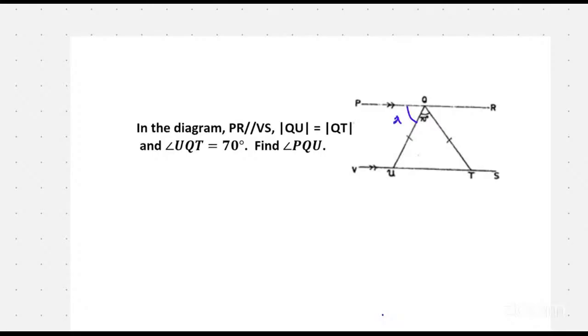If that is A degrees, and from the question, we've been told that this line is equal to this line, that means triangle QUT is an isosceles triangle, where these angles here will serve as the base angles of the isosceles triangle. The base angles of isosceles triangles are equal, so take note of that.